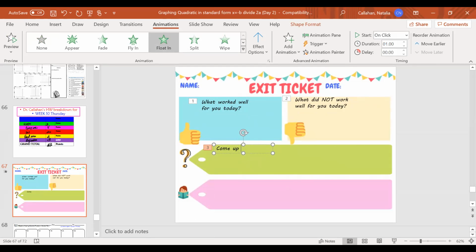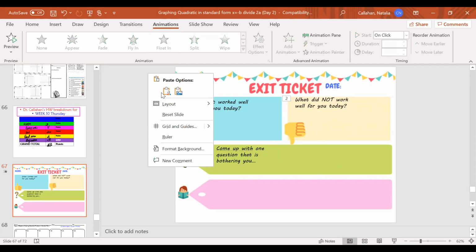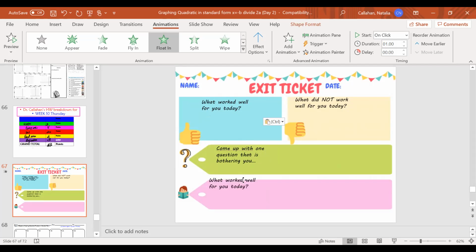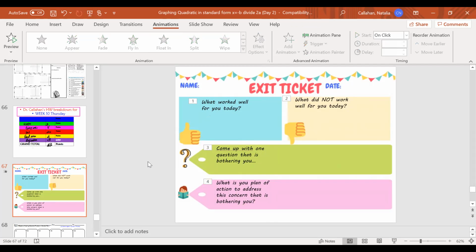Number 3, come up with one question that is bothering you. And lastly, what is your plan of action to address this concern that is bothering you? All right, so that is your exit ticket.